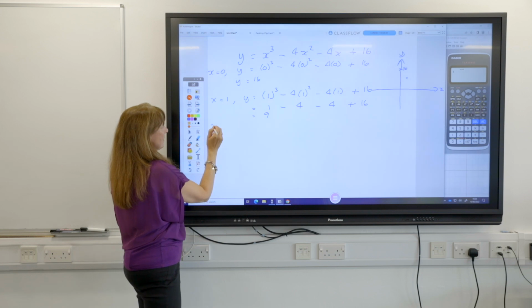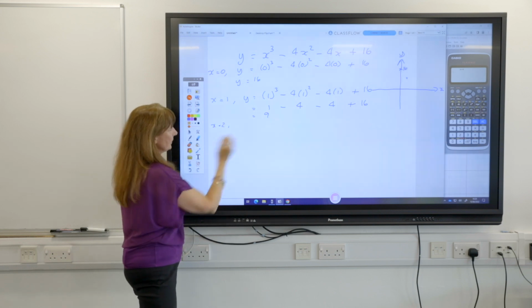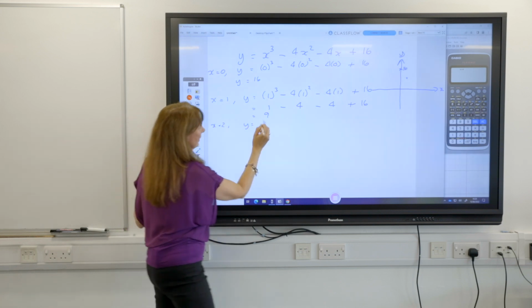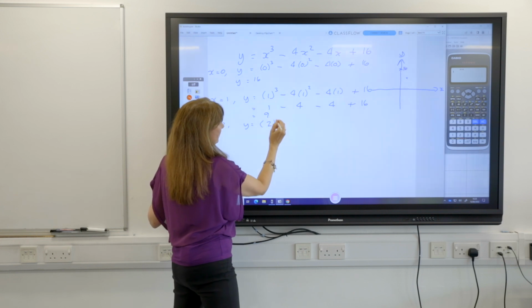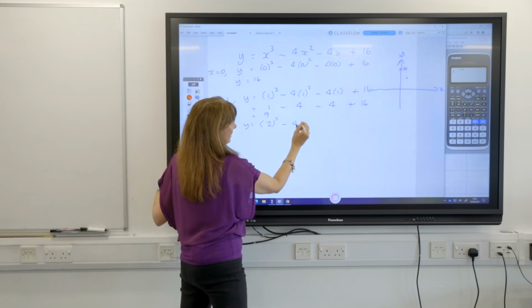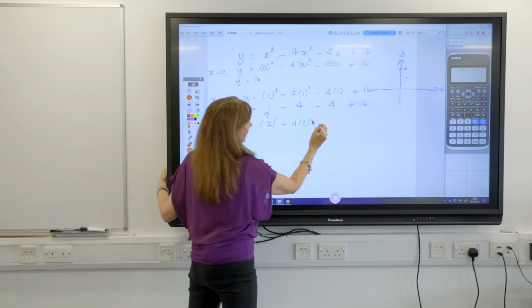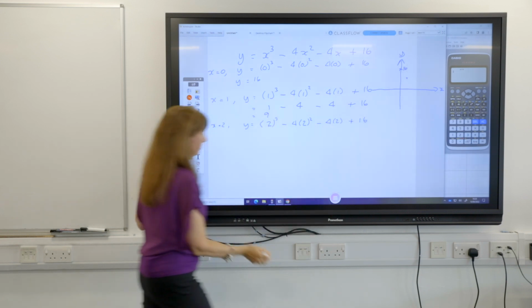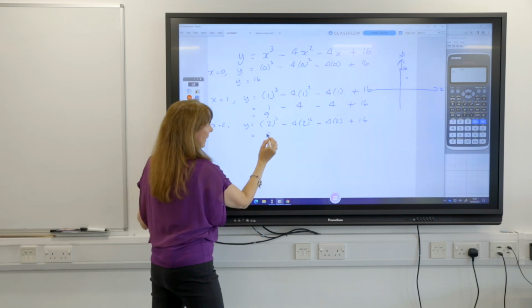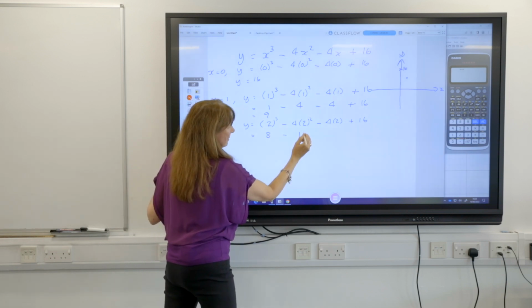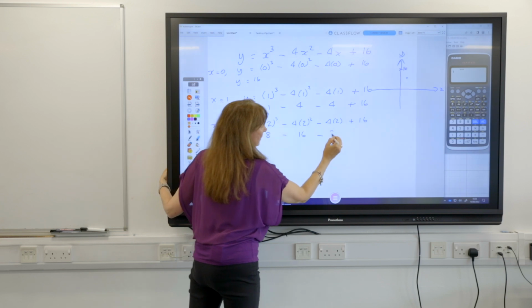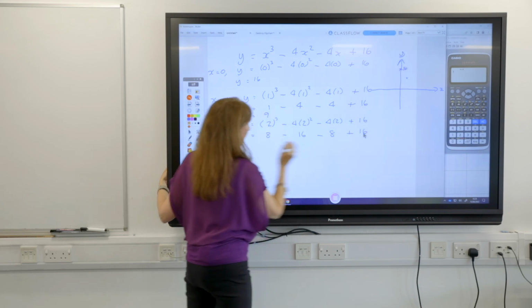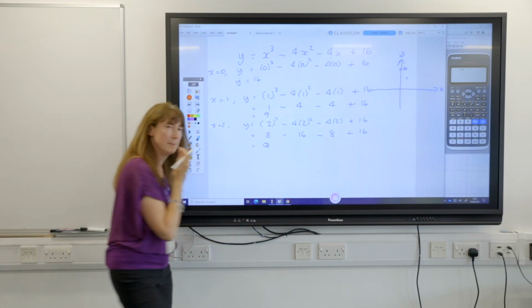So we'll try when x equals 2 and do exactly the same thing. So I'll get 2 cubed minus 4 times 2 squared minus 4 times 2 and plus 16. So we have got 8, we've got minus 16, we've got minus 8, and we've got plus 16, which does come out to be 0.